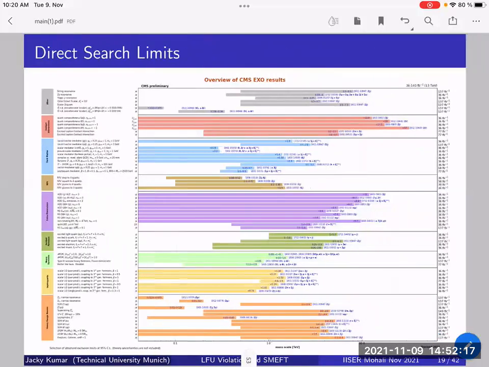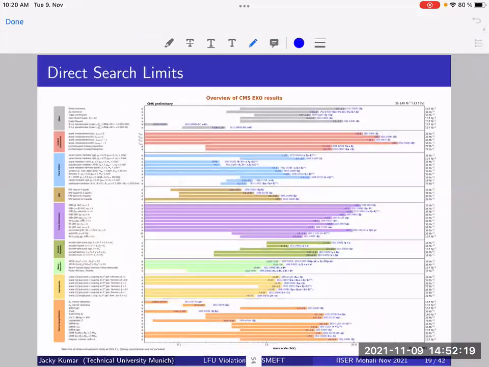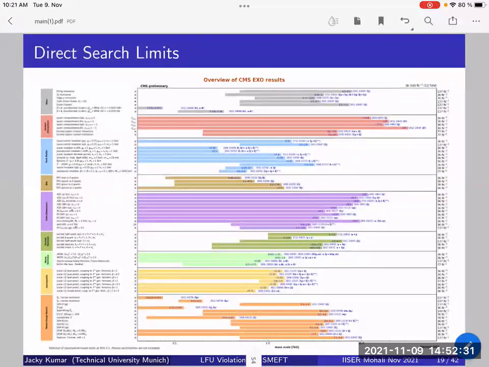Okay, so as you know, the LHC is performing various kinds of direct searches, looking for leptoquarks, Z primes, vector-like leptons, all sorts of particles, but it hasn't seen anything right now. This is a summary plot from CMS where you see the lower bounds on the masses of the particles.